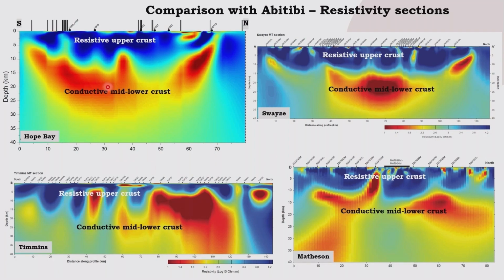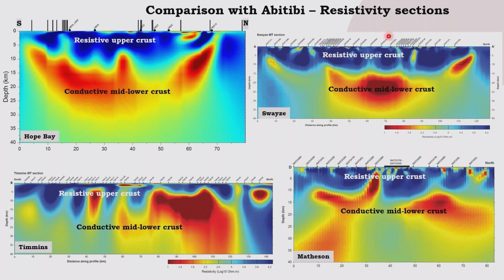This is a section from Hope Bay, a section from Sudbury. If I just remove this, you might think this is from Abitibi. So it's more like a mirror image in most cases. There is this similarity in terms of resistivity between the crust of the Hope Bay and that of the Abitibi. These are slices from different parts of the Abitibi.